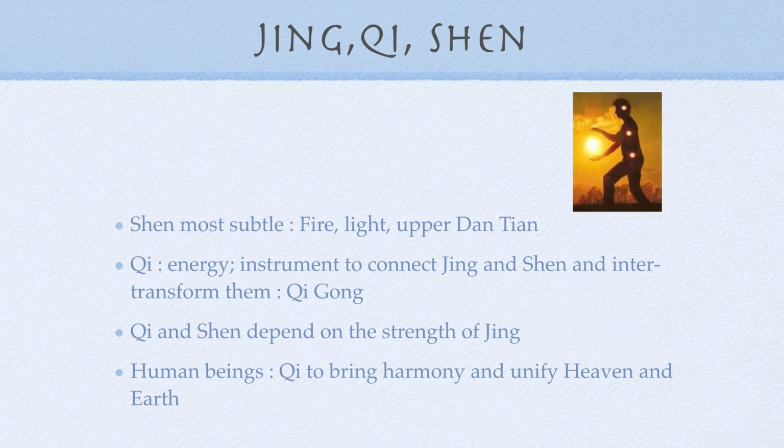Now, Qi and Shen, those two treasures, depend on the strength of our Jing. And we could say that from a more spiritual or esoteric point of view, human beings are the Qi that are meant to bring harmony and unify heaven and earth.